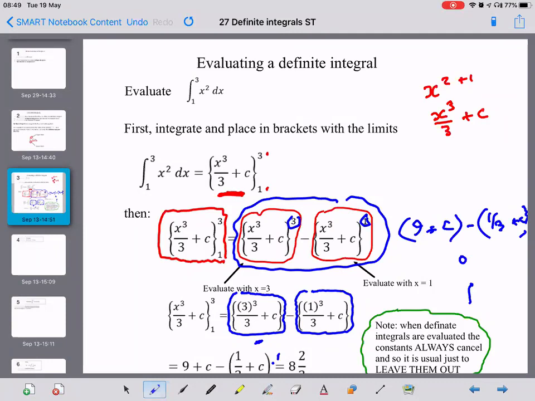But if you're evaluating a definite integral, at this stage, you can just leave them out. Constants of integration always cancel when you evaluate a definite integral. So the answer to this is 9 minus 1/3 equals 8 2/3.